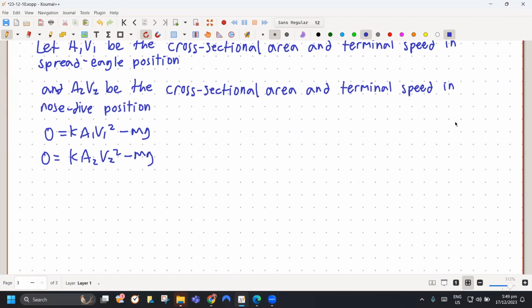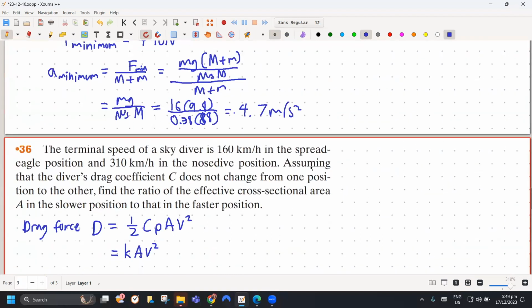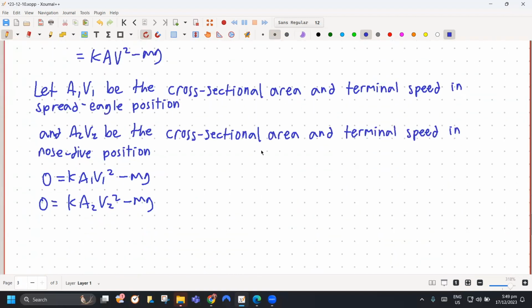What we are asked to find is the ratio of the effective cross-section area in the slower position to the faster position. So the slower position here is the spread eagle.